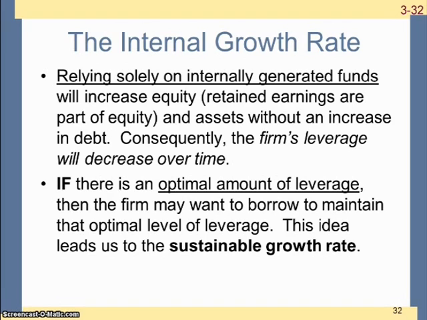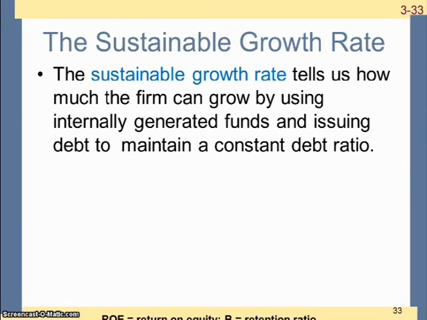Now, that is the sustainable growth rate that you can see on this slide. A sustainable growth rate is the maximum growth rate that the company can sustain without having to increase financial leverage.